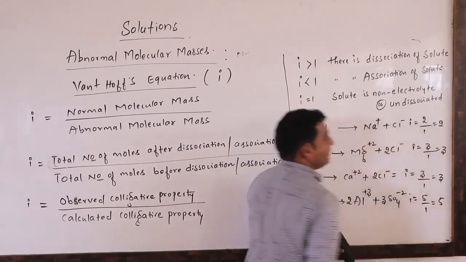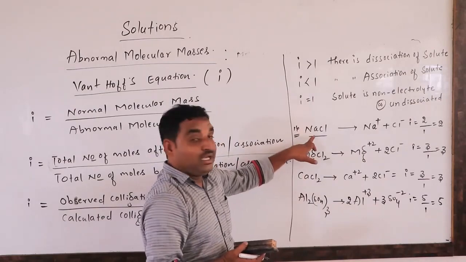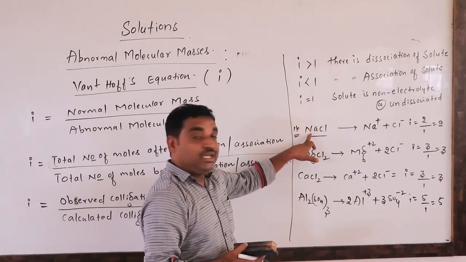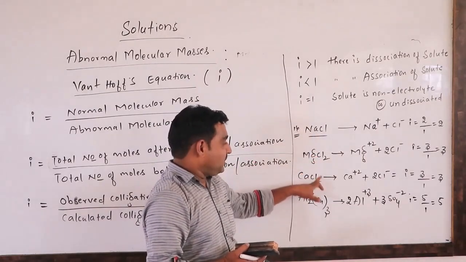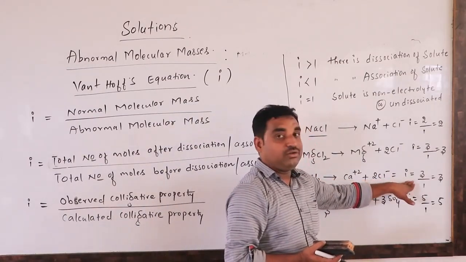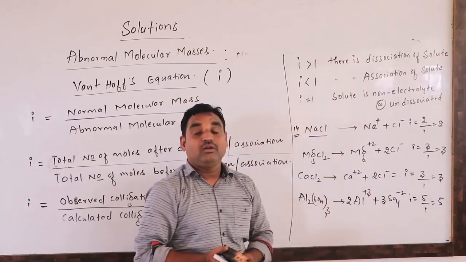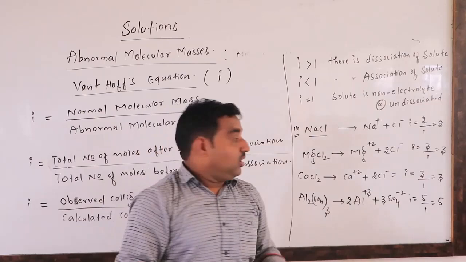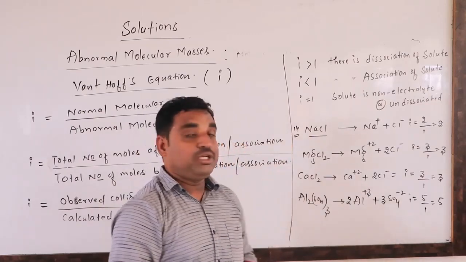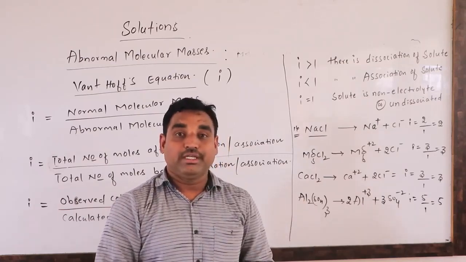The i value is 5. This is very important for 1 mark questions. They may ask in the examination what is the i value for any example, such as sodium chloride, MgCl2, CaCl2 and Al2(SO4)3. We dissociate and get the i value like this.